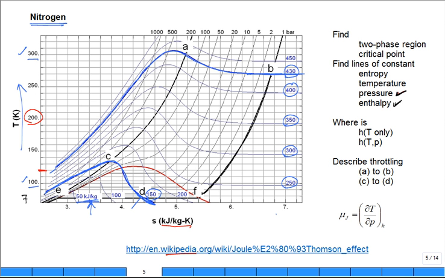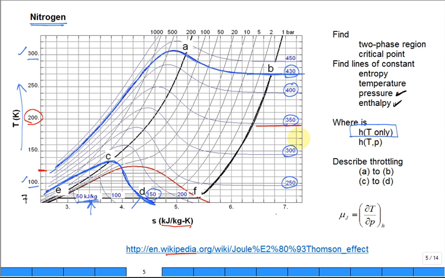Now, where in this whole plot is the enthalpy a function of temperature only? Far to the right. That's exactly right. And so what happens is you see that this line of constant enthalpy of 350 is flat, and then it starts to move. But out here where it's flat, what does a line of constant temperature look like? Flat.